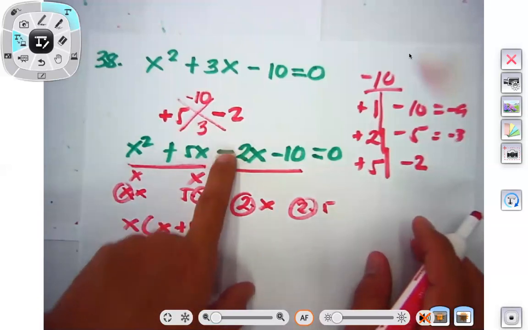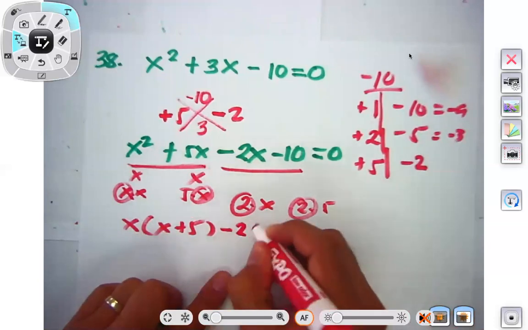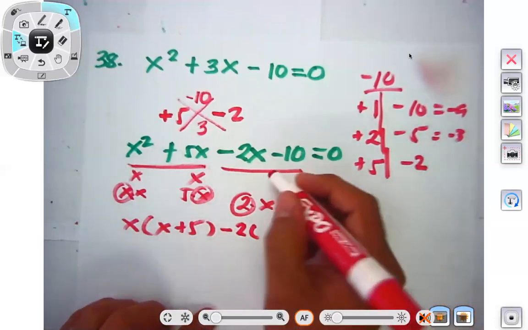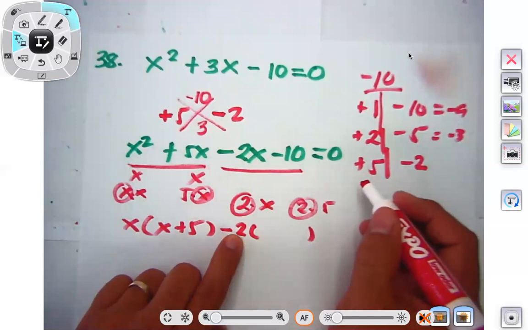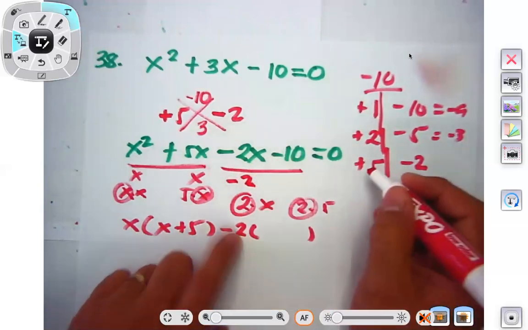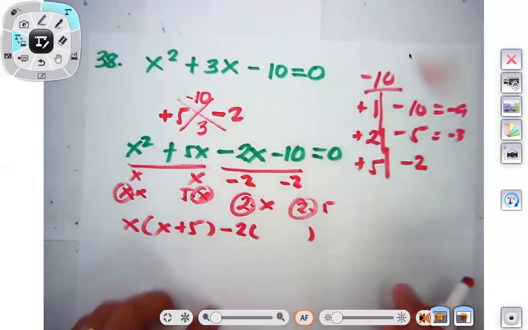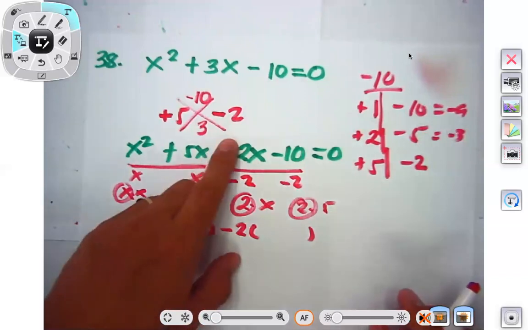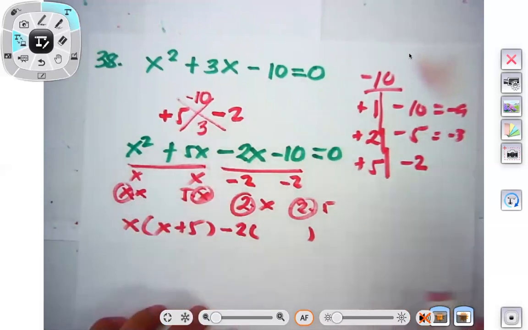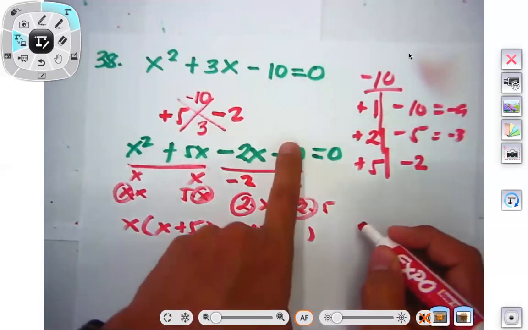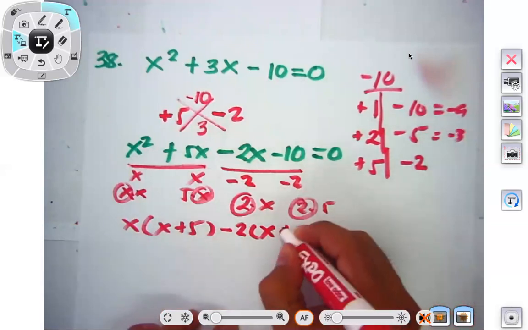That's negative, right? So make sure that you carry the sign here. So that's minus 2, and then we divide by it. It's negative, negative, not positive. So always carry your sign. Negative 2x divided by negative 2 is x. Negative 10 divided by negative 2 is 5.